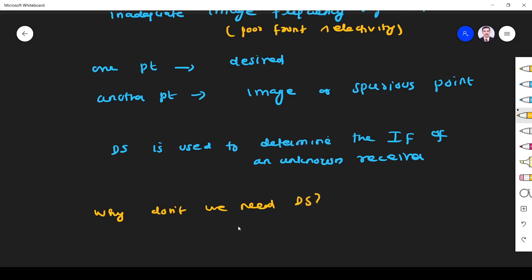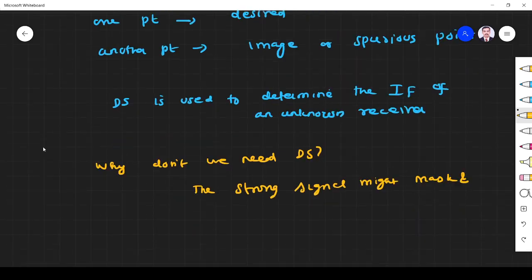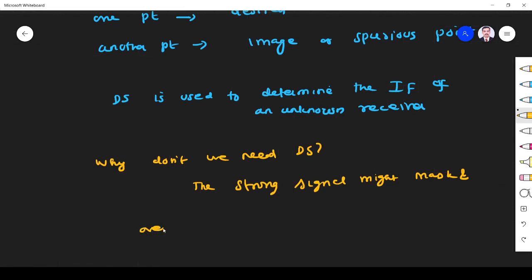The main problem is that if double spotting occurs in the receiver, the strong signal might mask and overcome the weak signal at the spurious point or image point, in the image frequency spectrum.